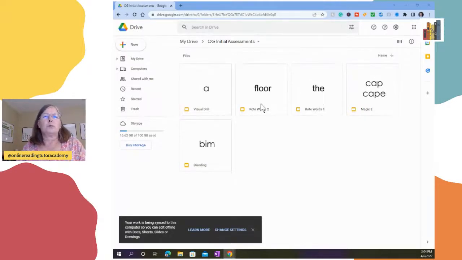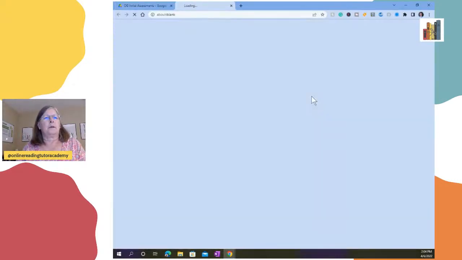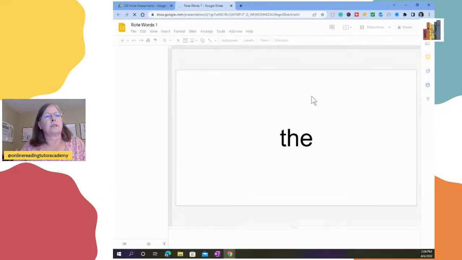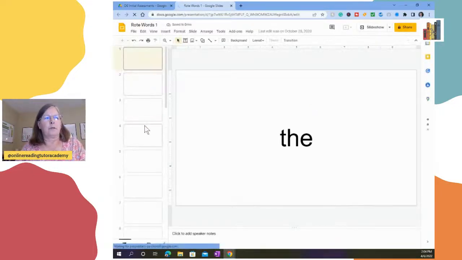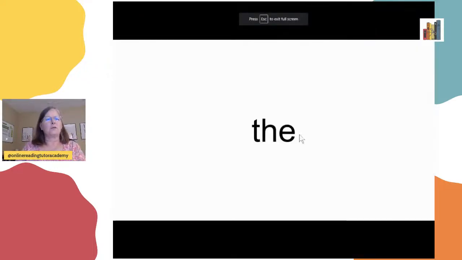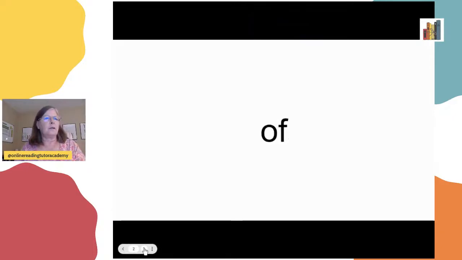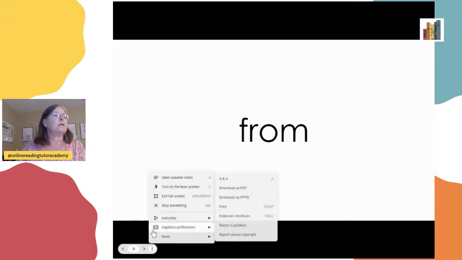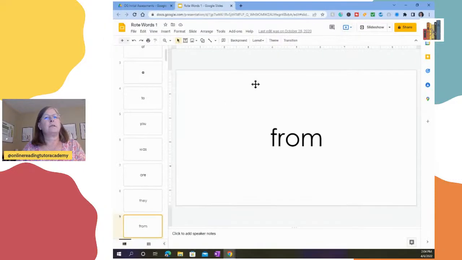I have 2 sets of rote words in my Google Drive. All I do is create a slideshow and go right through there, and the kids need to know all those words.